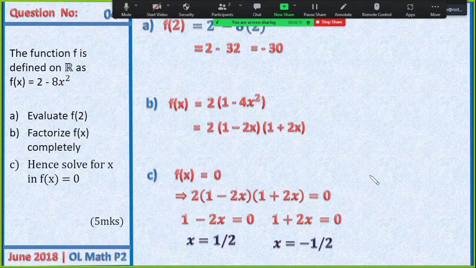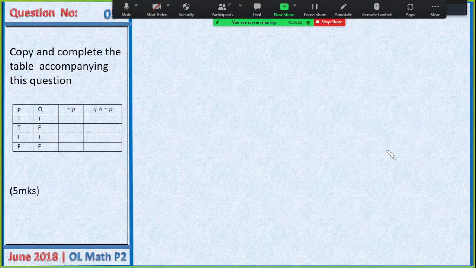Alright. So that is it. Let's look at the next question. So now here we have this truth table. And so we should copy and complete this truth table.